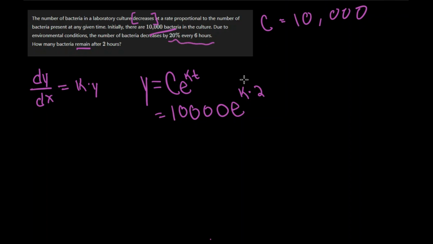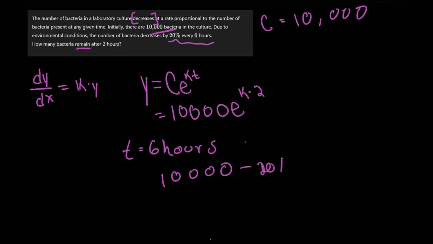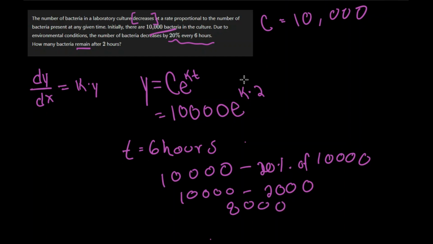At time equals 6 hours, the amount of bacteria remaining will be 10,000 minus 20% of 10,000. 20% of 10,000 is 2,000, and 10,000 minus 2,000 is 8,000. So at 6 hours, 8,000 bacteria are still remaining.